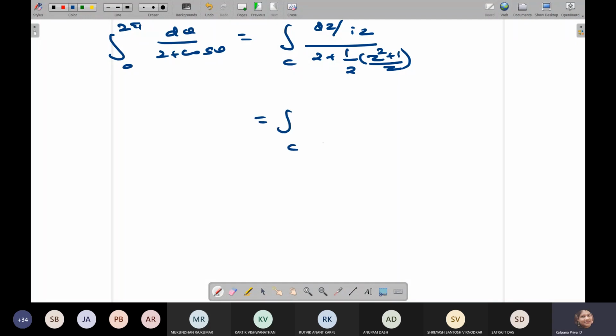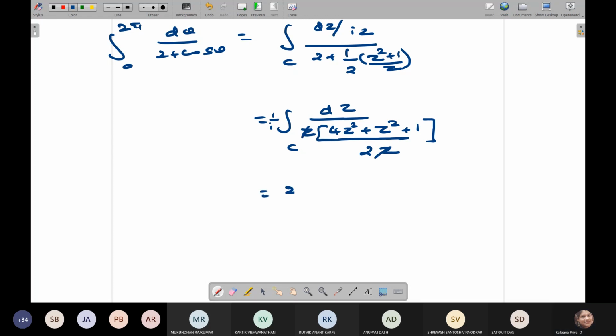Now integral over C of dz by z, taking that 1 by i outside, upon 4z plus z square plus 1 divided by 2z. So z gets cancelled. So 2 by i integral over C. Sorry, this is 4z, I'm sorry.